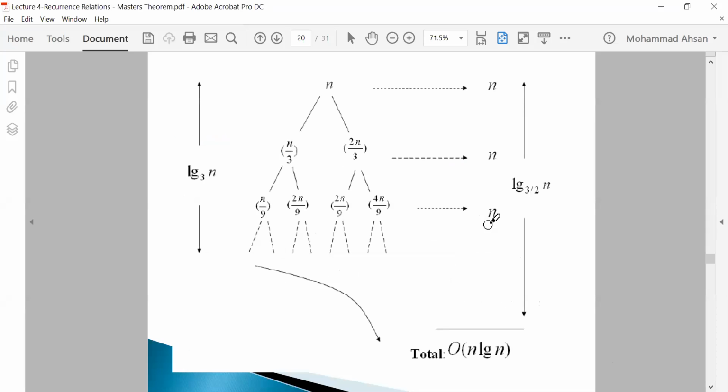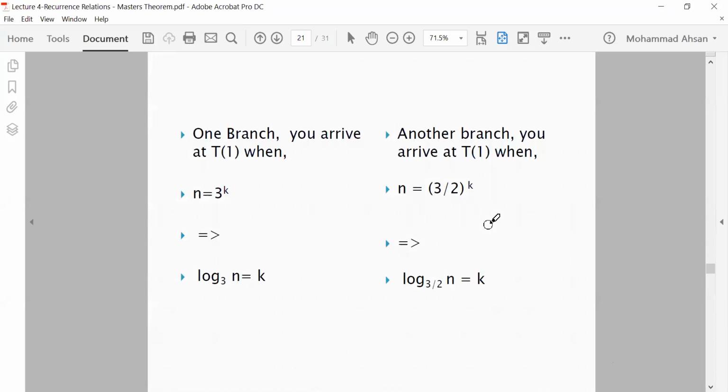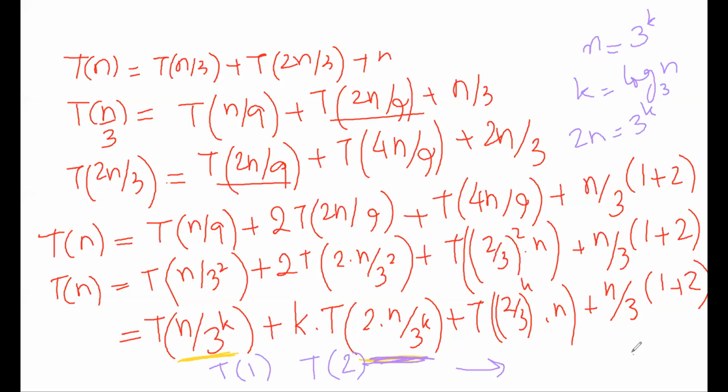And the branch where you have 2n/3, 2n/9, 4n/9 will have log n to the base 3/2.